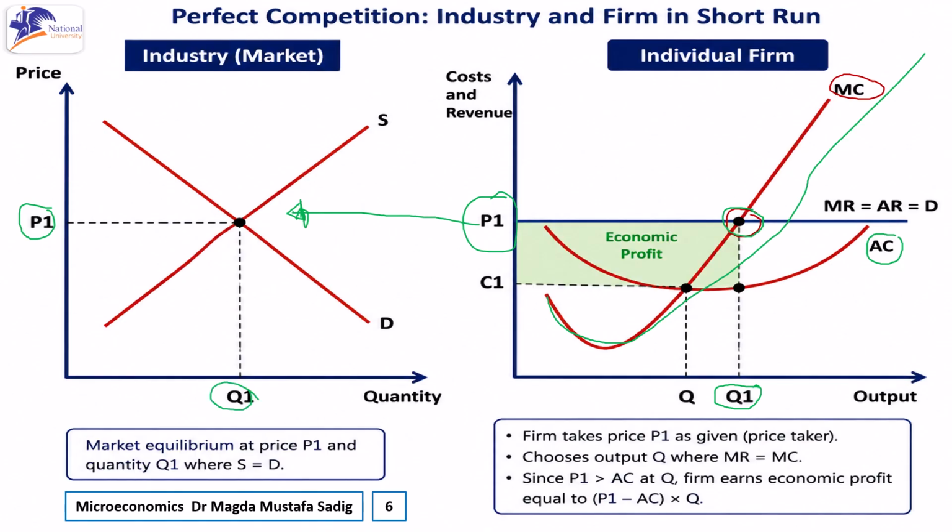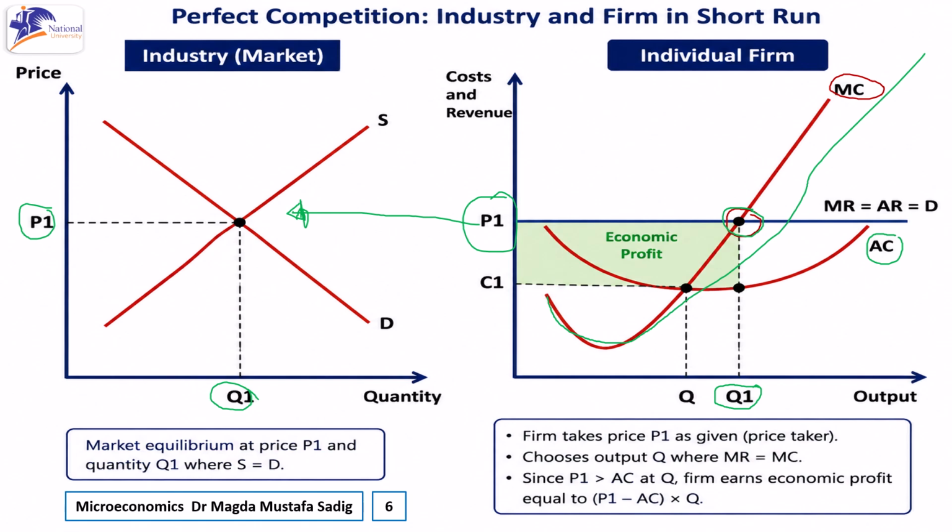So this is the price that is taken by the firm in the competitive market to determine the equilibrium quantity, at the intersection point between marginal revenue and marginal cost.